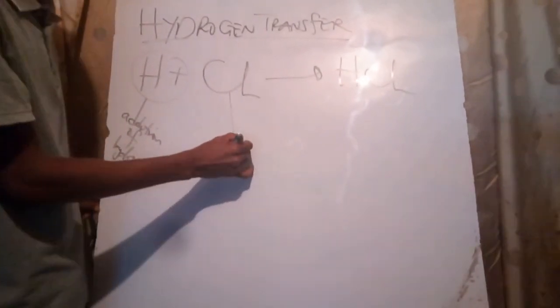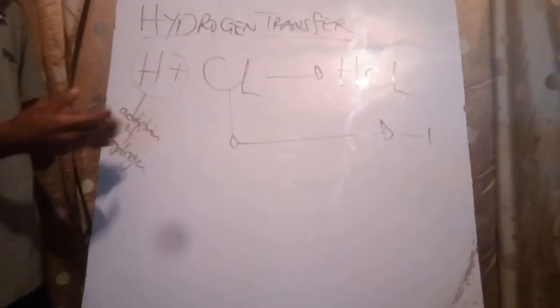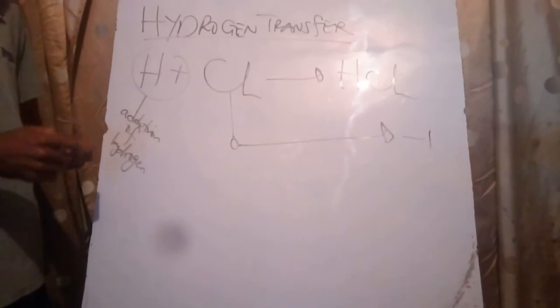Chlorine here is of no charge, 0, since it is standing alone according to the arbitrary rule. Now, chlorine here is -1, if you solve for it by applying the arbitrary rule, and I'll talk about that in another video. Okay?